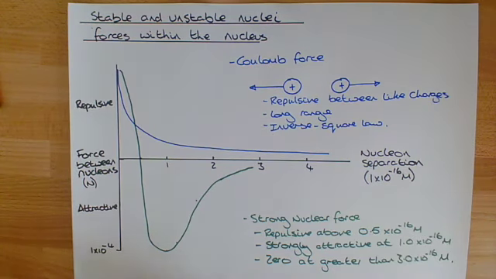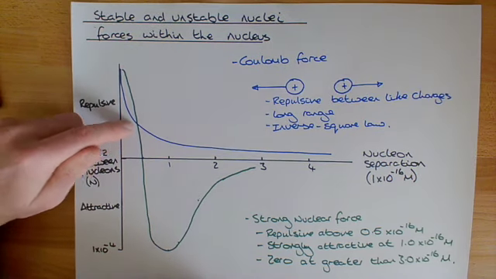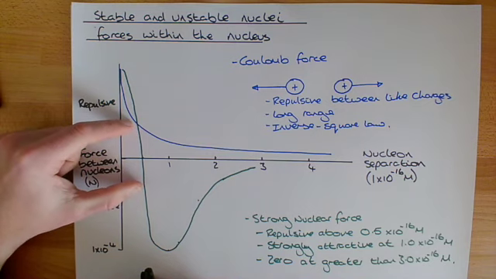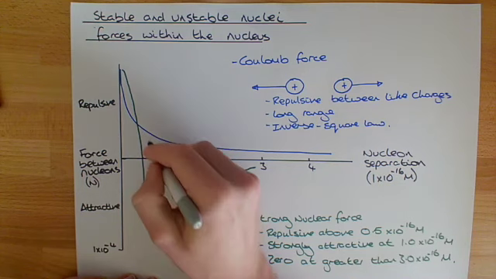But at a particular point, what we need to happen is for the repulsive Coulomb force to be equal with that attractive force which is provided by the strong nuclear force. And that happens at around about this distance here.